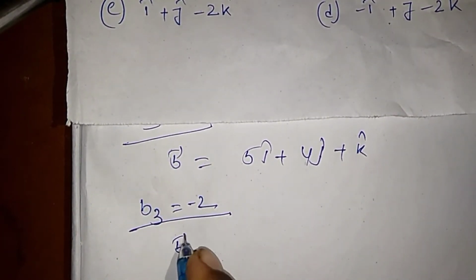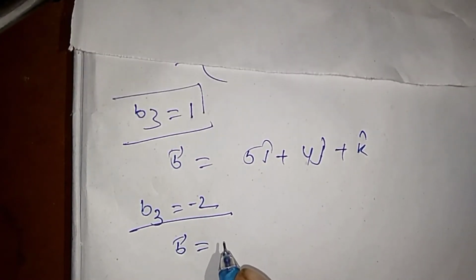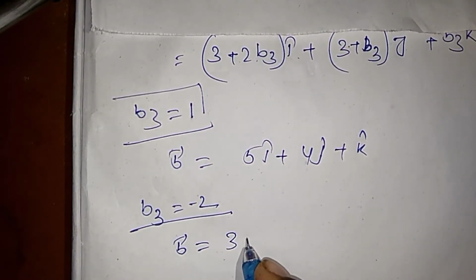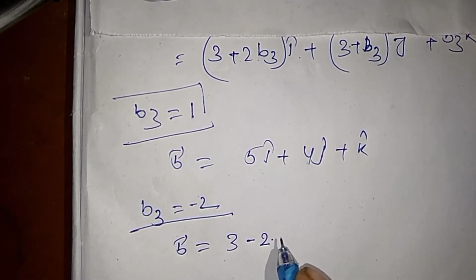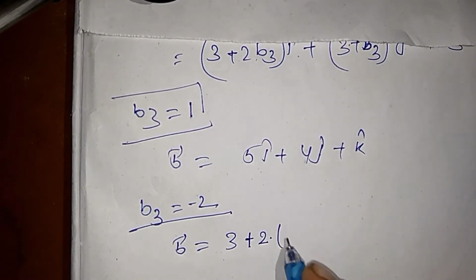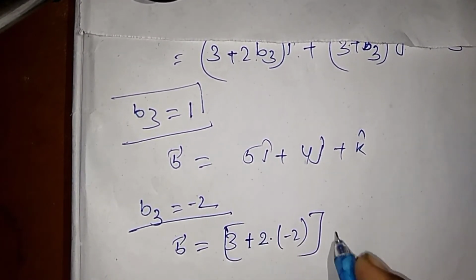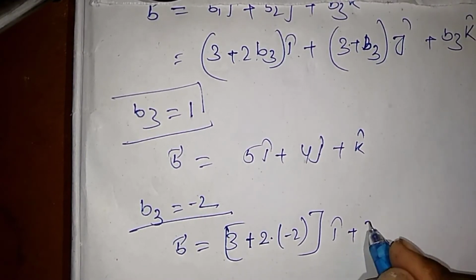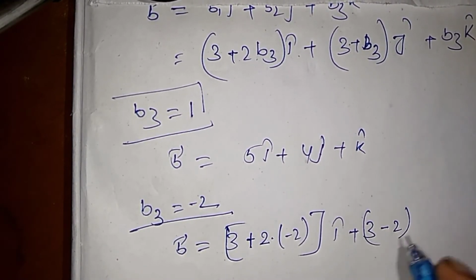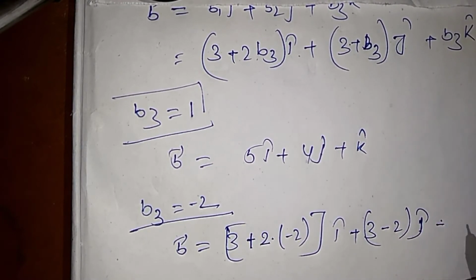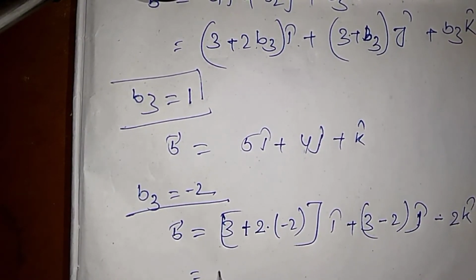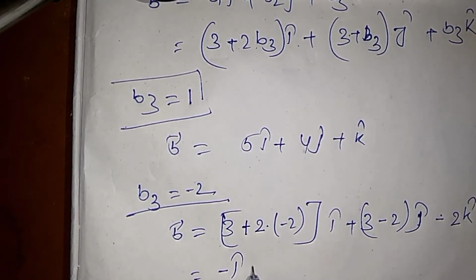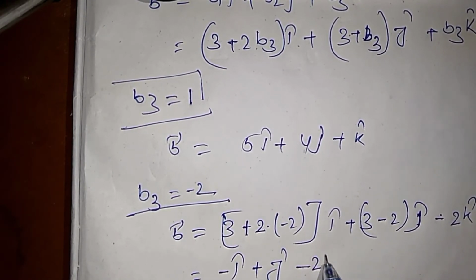So vector B equals (3 plus 2 into minus 2) i cap plus (3 minus 2) j cap minus 2 k cap, which equals minus i cap plus j cap minus 2 k cap.